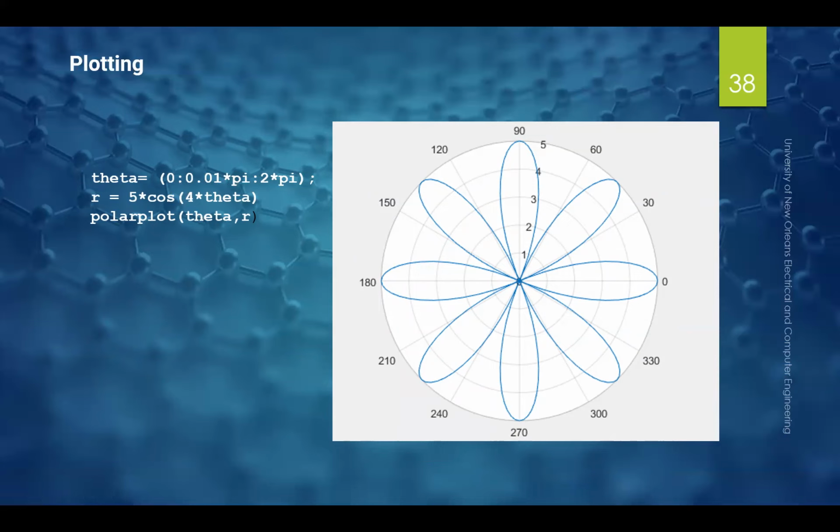And I define the function, or the radius, if you will, as 5 times cosine, and the argument is 4 times theta. Doing a polar plot like this creates what's called the petal figure. And so, again, just to show you some of the things that you can do with MATLAB using the polar plot.